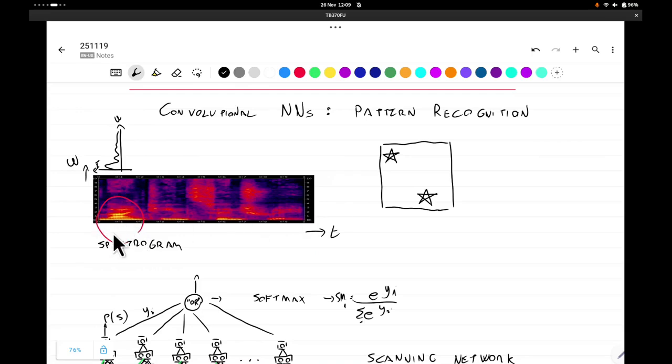So each column here would be a frequency spectrum that is recorded. And then a certain pattern in the frequency spectrum would be a certain word. So somebody is uttering "welcome," and this would be what appears in the spectrogram. The trained eye would be able to recognize where this utterance appears in the spectrogram.